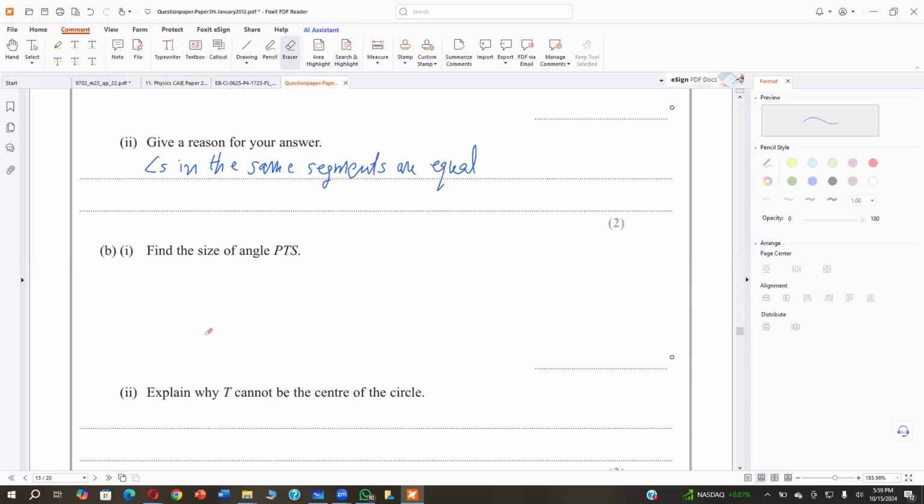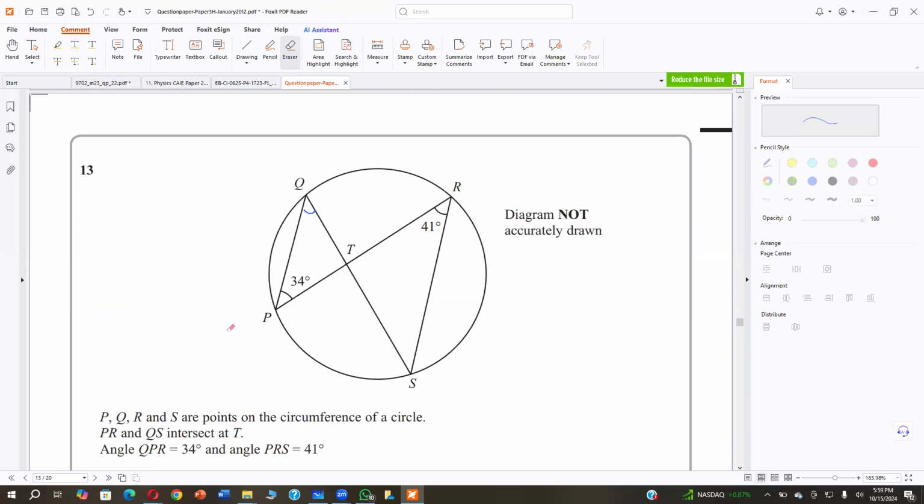Find the size of angle PTS. We should first find the angle on the inner side of T. Look, this one. Find this angle now.